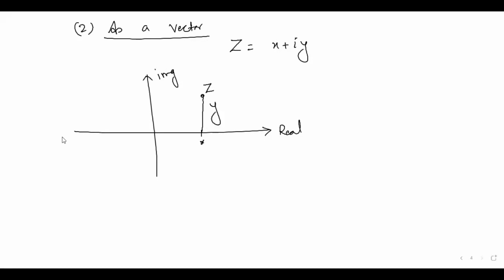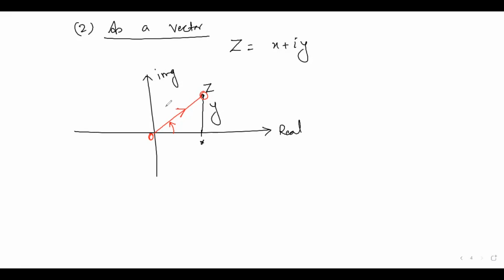We can identify this point z via a vector also. If we draw a straight line like a vector from the origin to point z, and we know the length of this vector and the inclination with the x-axis, that is the slope, we can also represent z in this manner. So this is called the vector form.